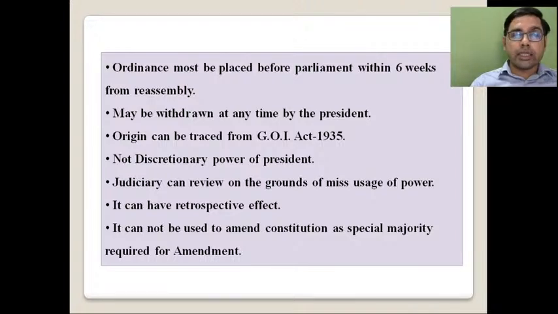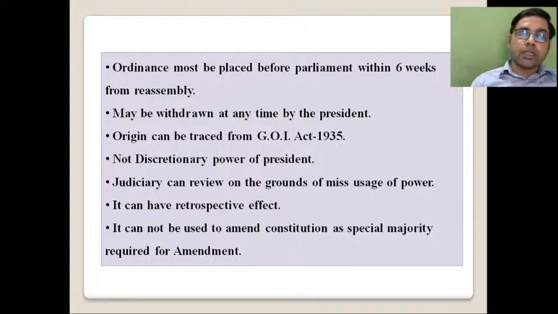So you can use ordinance making power to amend any law made by parliament, but you cannot use ordinance making power to amend provisions of constitution, because the logic is आप ऑर्डिनेंस प्रोमलगेट कर रहे हैं on the advice of whom? यूनियन काउंसिल ऑफ मिनिस्टर.